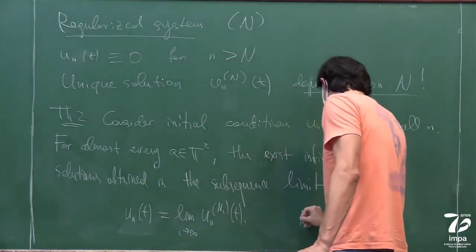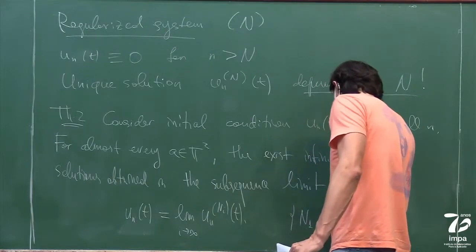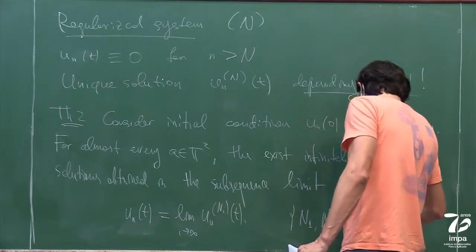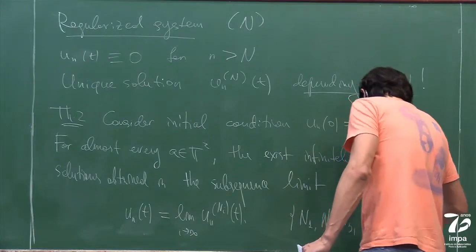So here we have a subsequence, N_1, N_2, N_3, going to infinity, right?